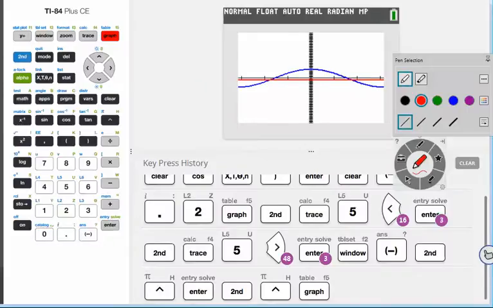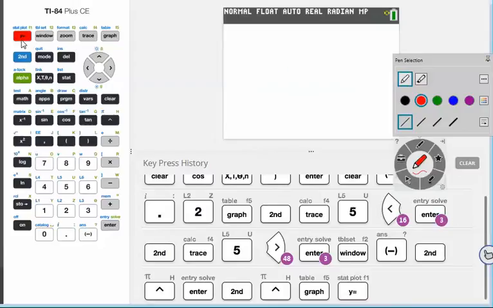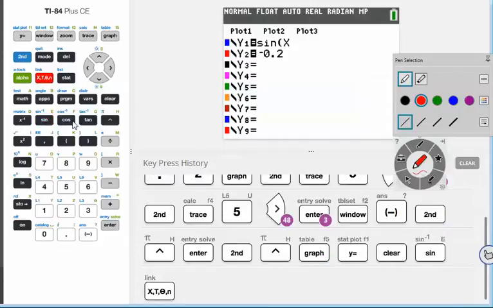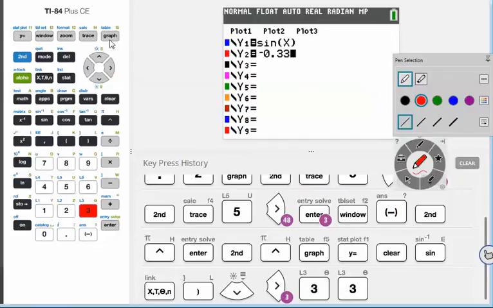I'm going to plug in the sine of x, and it is equal to negative 0.33. So I'm going to put in negative 0.33, and I'm going to look at my two intersections here, and hit graph.